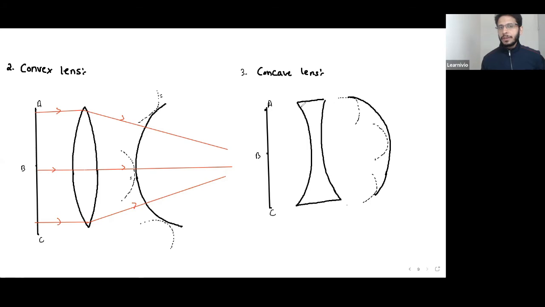So the radius of the wavelet from point A is less than the radius of the wavelet from point B. Next, you can always draw rays. Rays are just perpendicular to wavefronts. So if your wavefront diverges, then your rays will also diverge. These are your diverging rays.